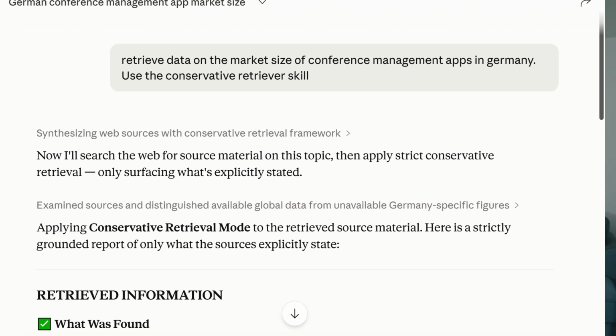So I want it to stay in retrieval mode and also admit if it cannot find information. Here I simply asked it to retrieve data on the market size of conference management apps in Germany, and then I explicitly mentioned the skill that I have built.